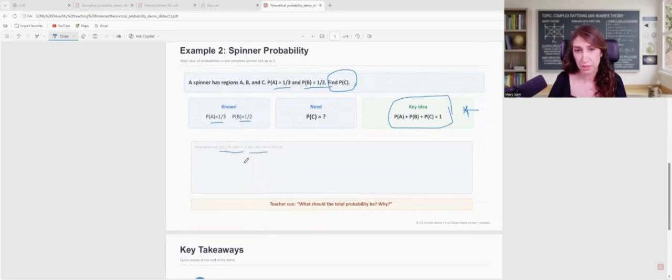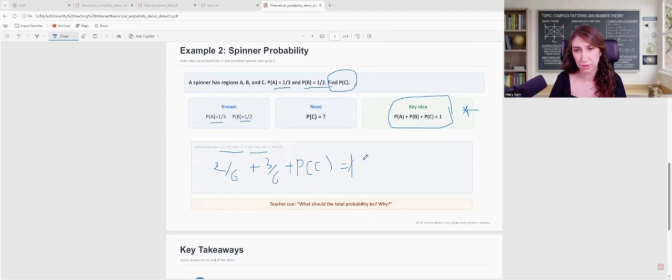So we have 2/6 plus 3/6 plus P, which is the probability of C, equal to 1.